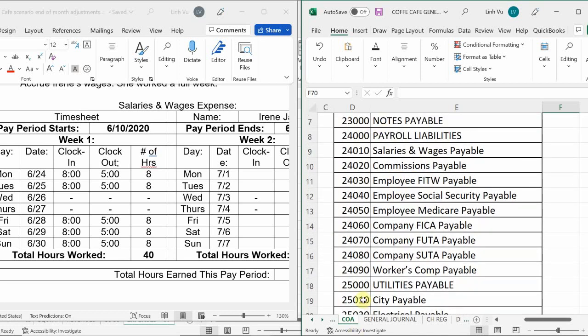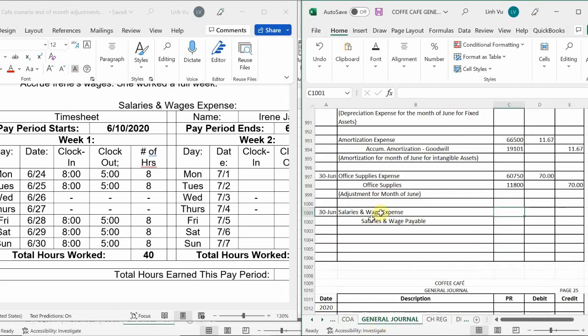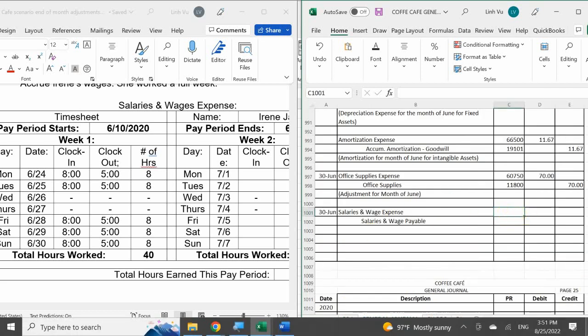Yep, 2410. So 6810 and 2410. Okay. So in this case, how much am I going to accrue for Irene?